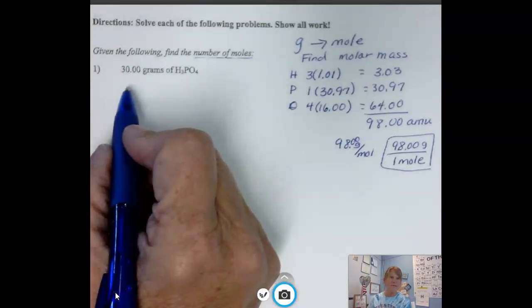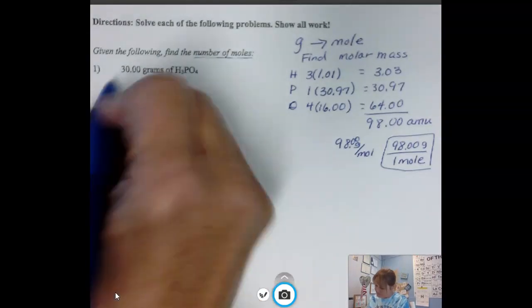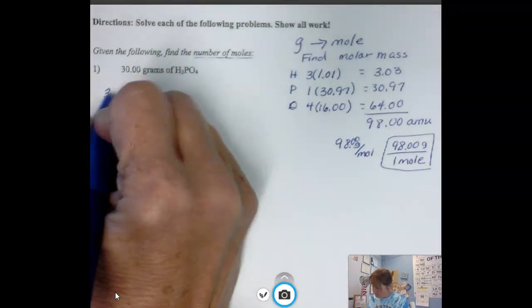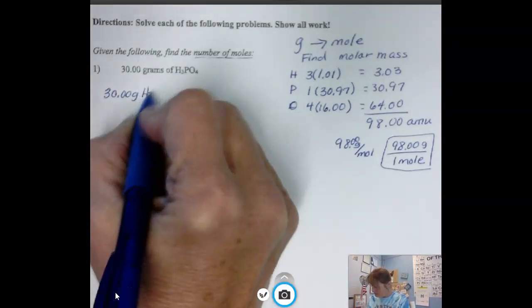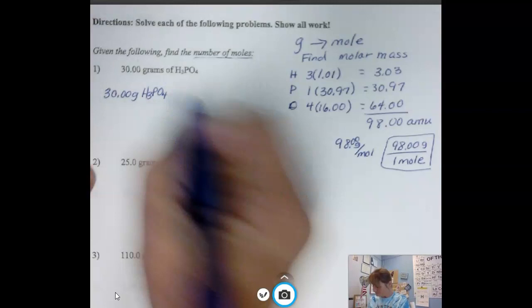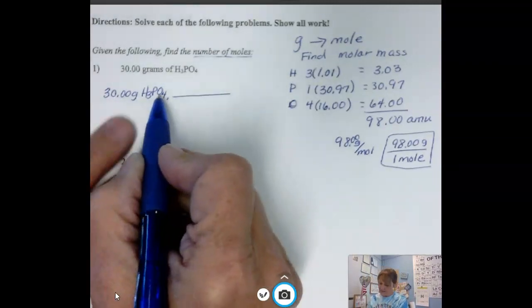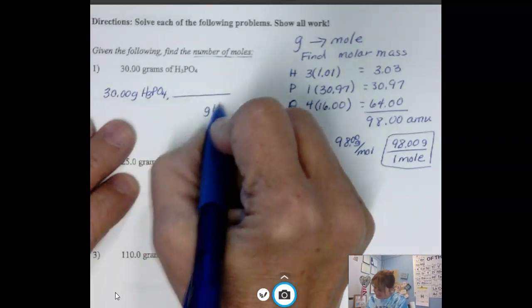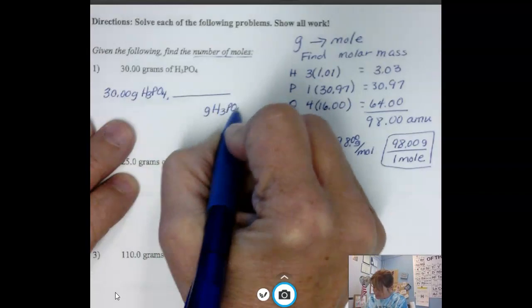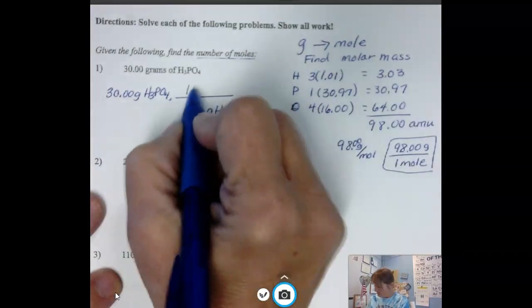Our problem is we have 30 grams of that, and we want to go to moles. So we write down what we're given, our 30 grams. Again, put your labels on there. And then, since I have grams in the numerator here, I'm going to put grams in the denominator. And since I'm going to moles, it is always 1 mole.